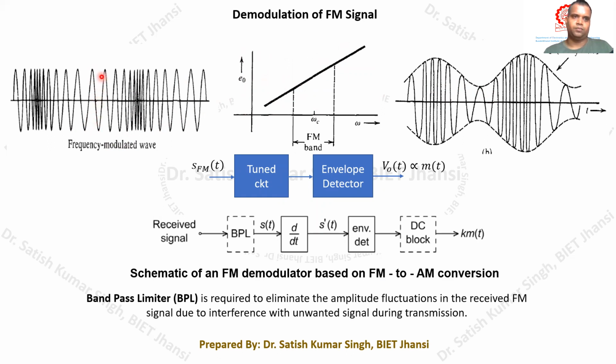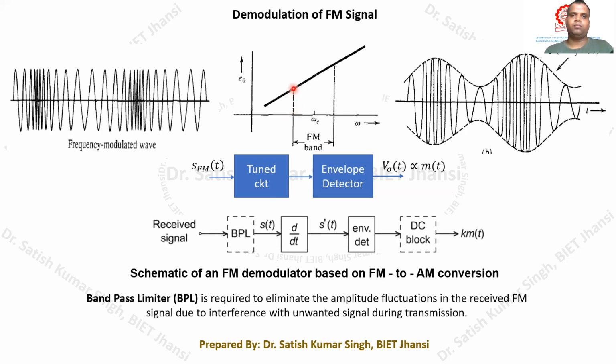I hope you are able to understand, because let us suppose that this is the least value of the frequency. Obviously, corresponding to this frequency, a gain term is going to multiply this FM signal. So let us suppose this is the least frequency, then this least frequency corresponds to this ω value, so at this point it is going to multiply with this gain value.